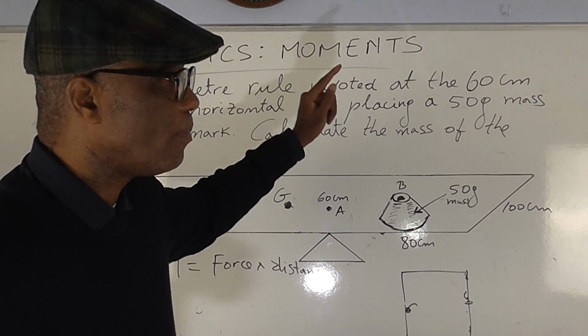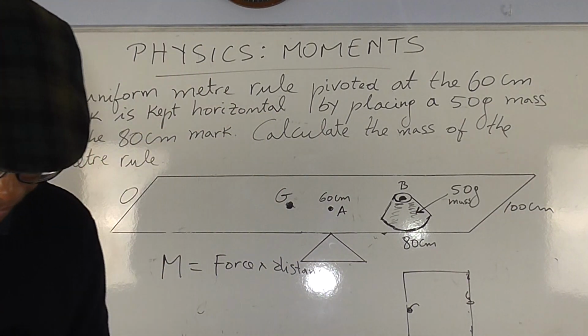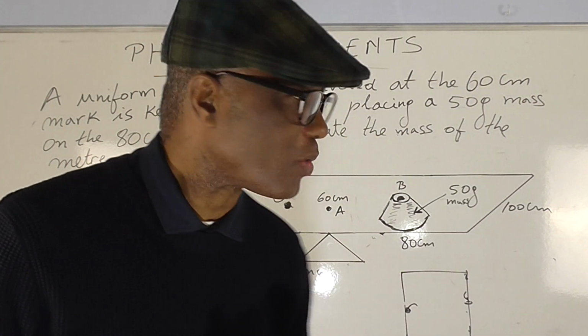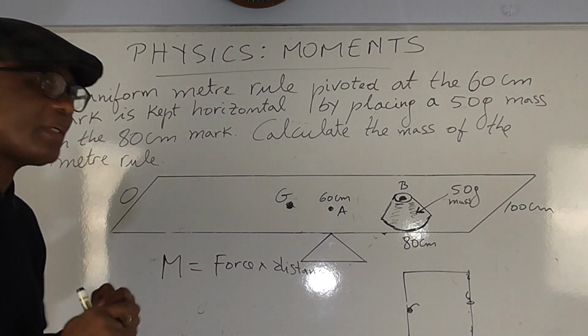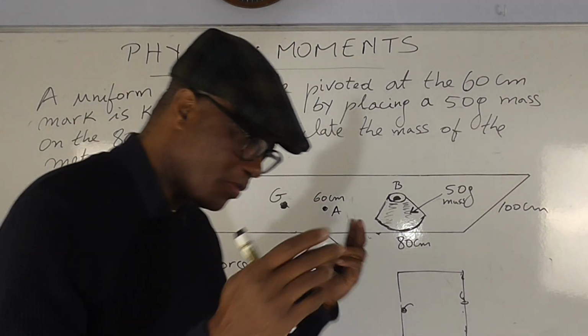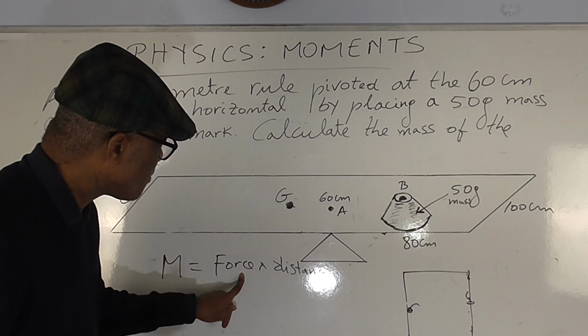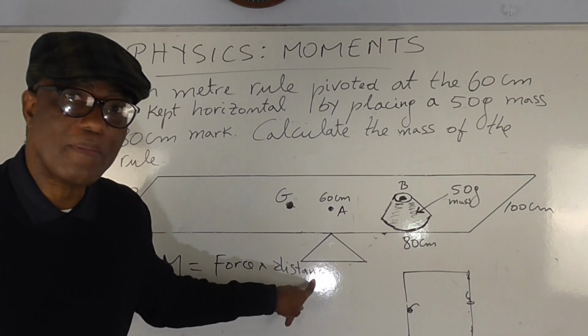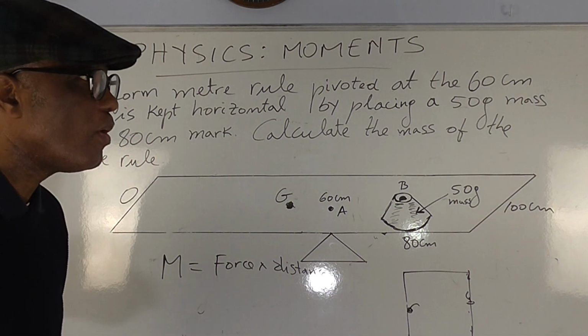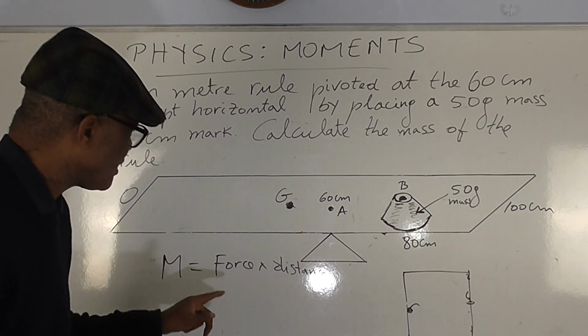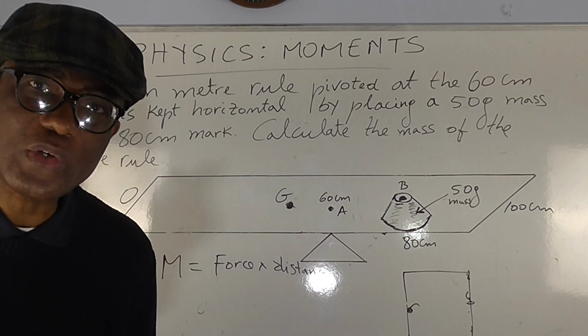Physics: moment of force. What is a moment? In mathematics and physics, the moment is given by the formula force multiplied by the distance. And what is the unit of force?